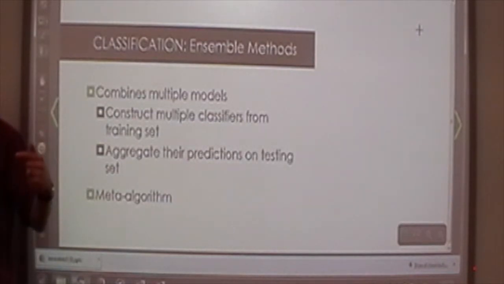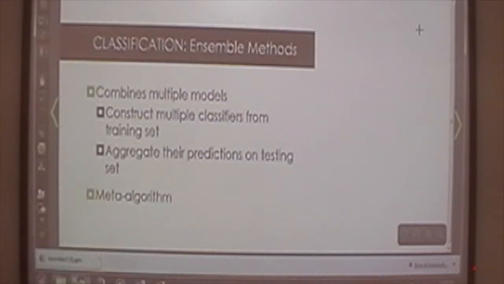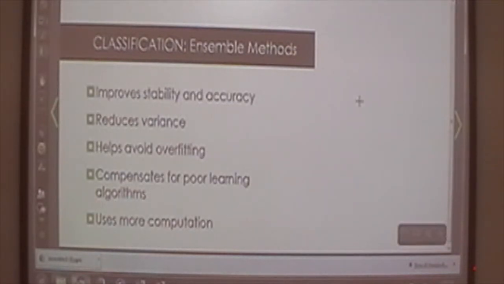So it's an algorithm for combining other algorithms. The point of ensemble methods is, in general, we're going to use ensemble methods to improve stability of our basic methods. Stability, accuracy, predictive capabilities.